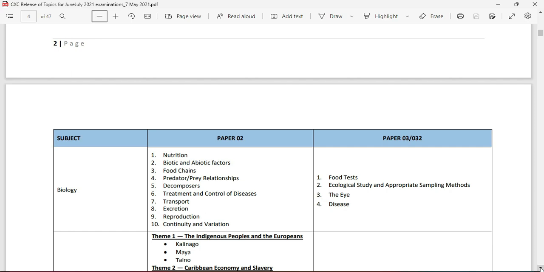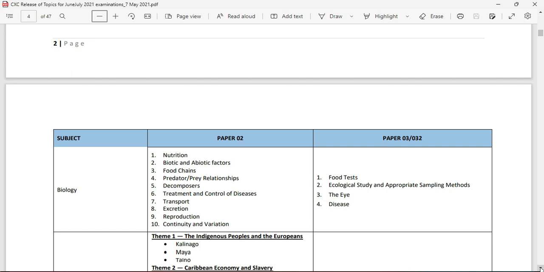And then for paper 032, or paper 3 some might call it, we were promised food tests, ecology, ecological study and appropriate sampling methods, and we were also promised disease. Four topics we were told that we would have gotten.